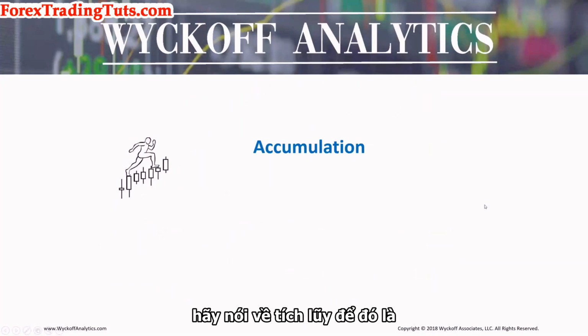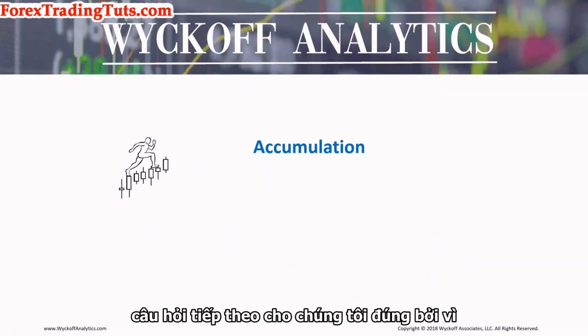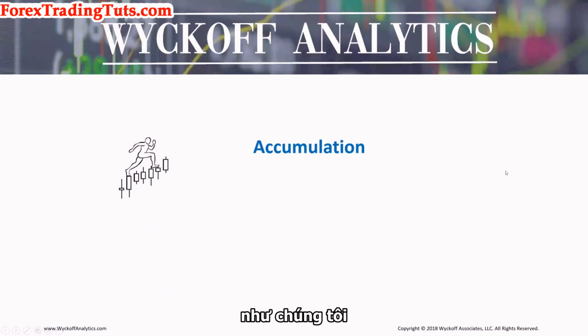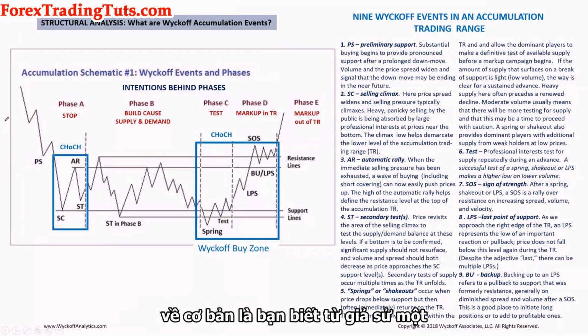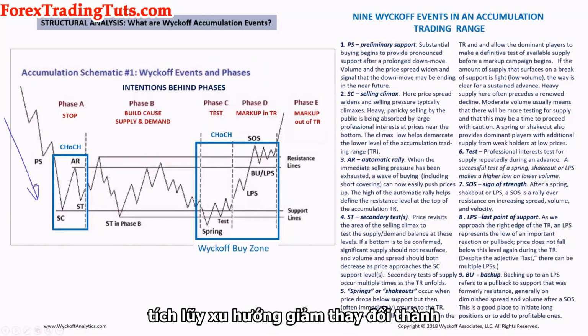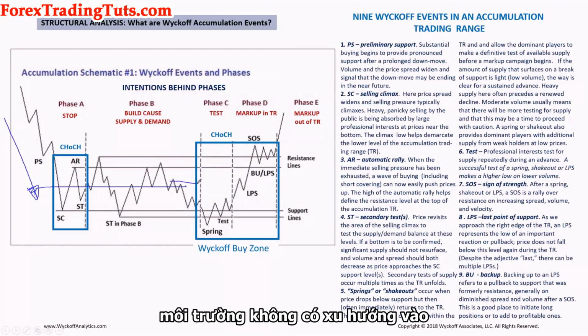Let's talk about accumulation. So that's the next question for us, right? Because as we think about a change of character, which is basically, from, let's say, a downtrend changing into the non-trending environment, into the trading range.